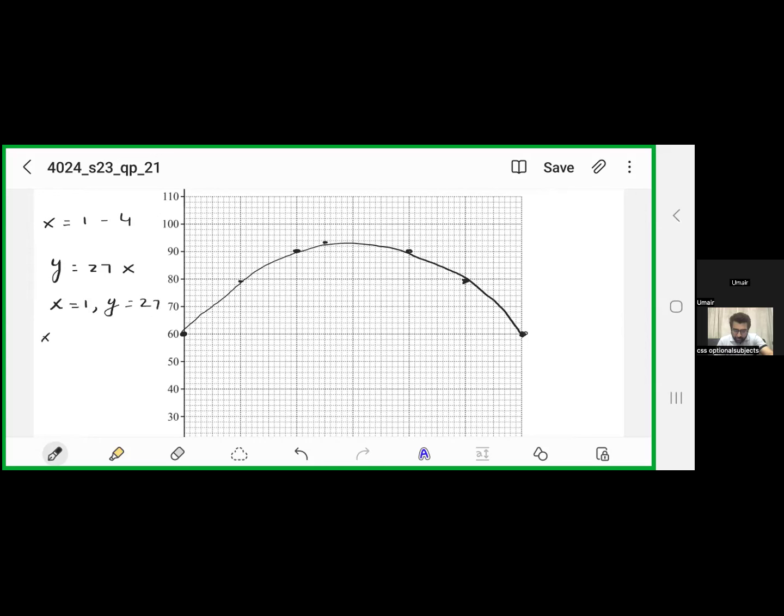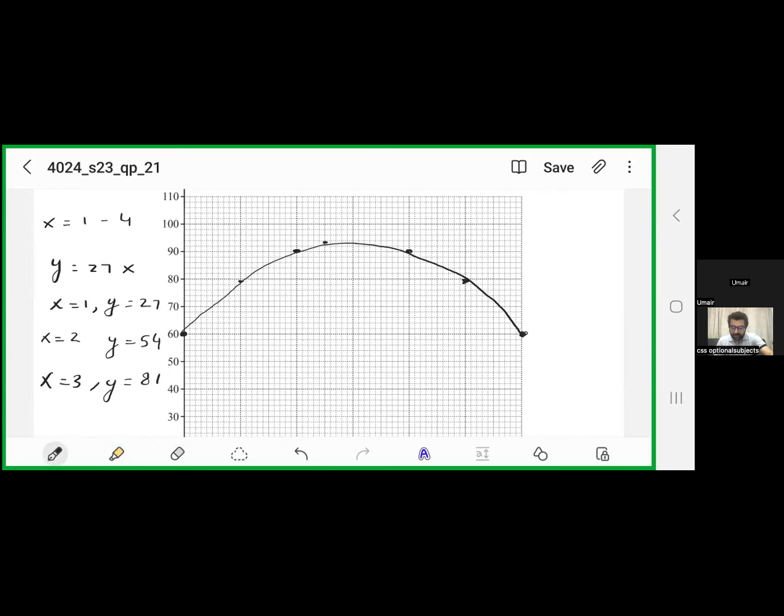When x is 2, y is 27 into 2, which is 54. When x is 3, y will be equal to 81.